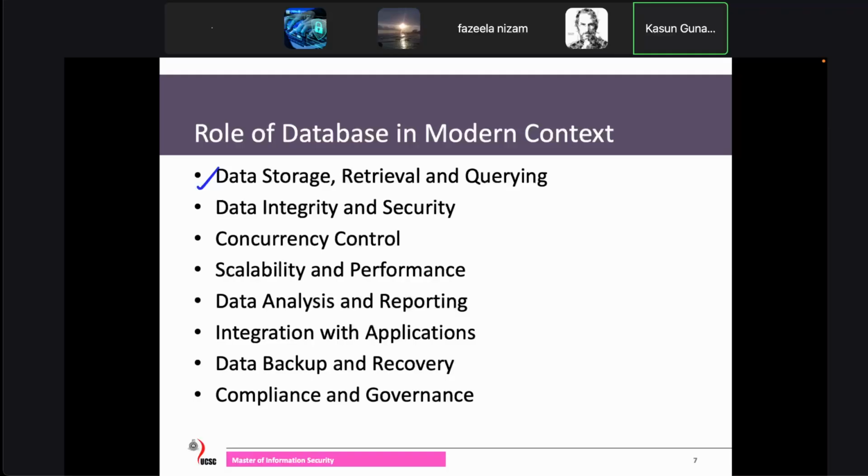So these databases now should support these compliance and regulatory requirements. So features such as auditing, encryption, and access control help organizations to enforce their policies and adhere to standards and compliance requirements.